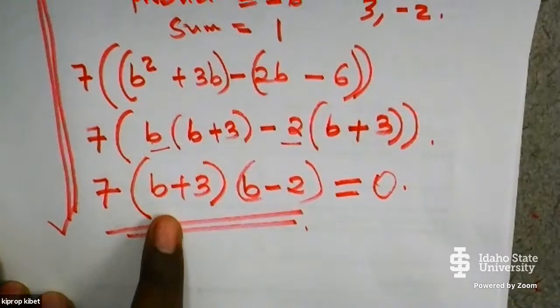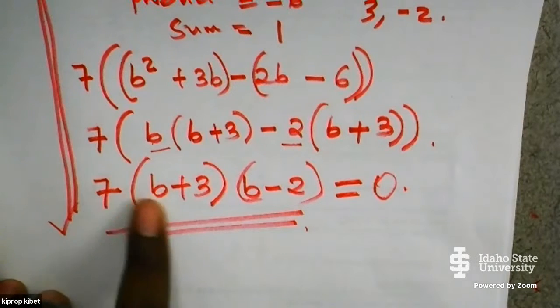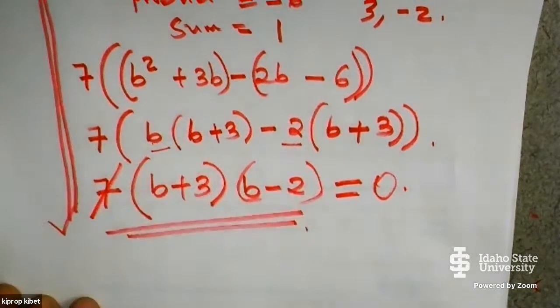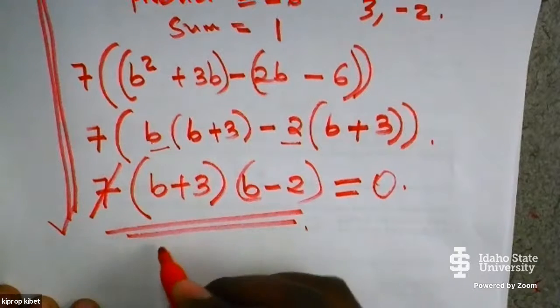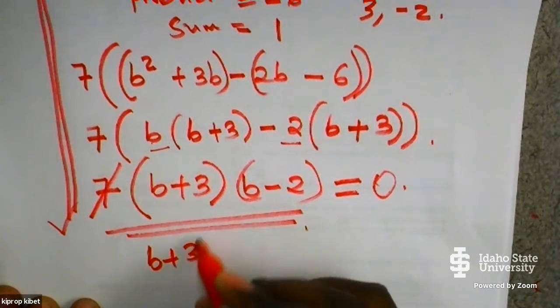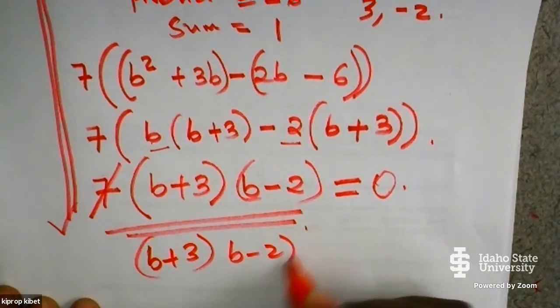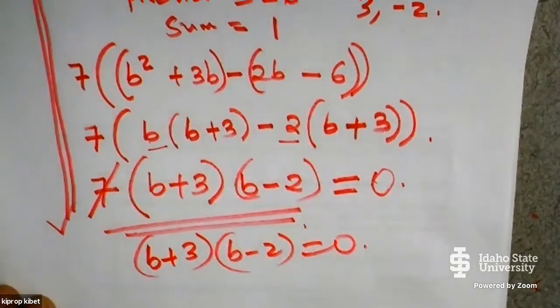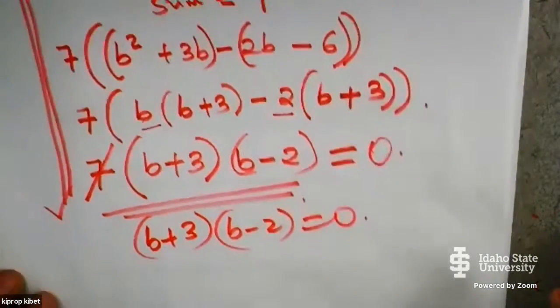Now, using the zero product property here, actually, the 7 will just be cancelled there, because you divide both sides by 7, and 0 over 7 is 0. So you will just remain with (b plus 3)(b minus 2) equals 0.